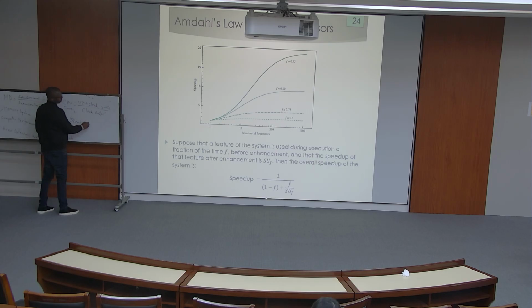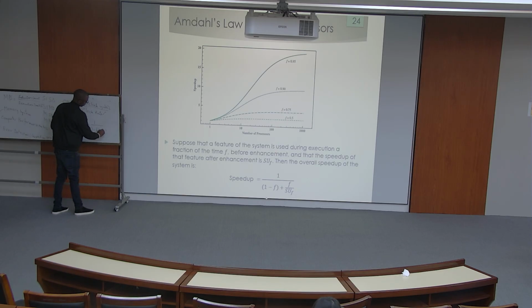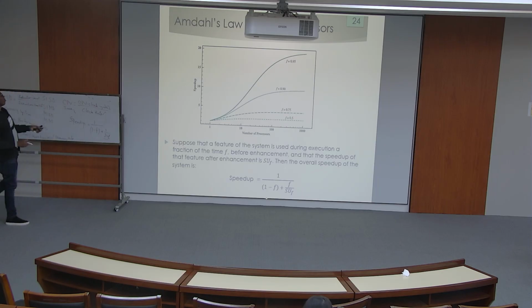The speedup is given by 1 divided by (1 minus f) plus f divided by SU. This is the most important expression for Amdahl's law that you need to understand. We have done some in-class quizzes related to this. Hopefully everybody understands this.